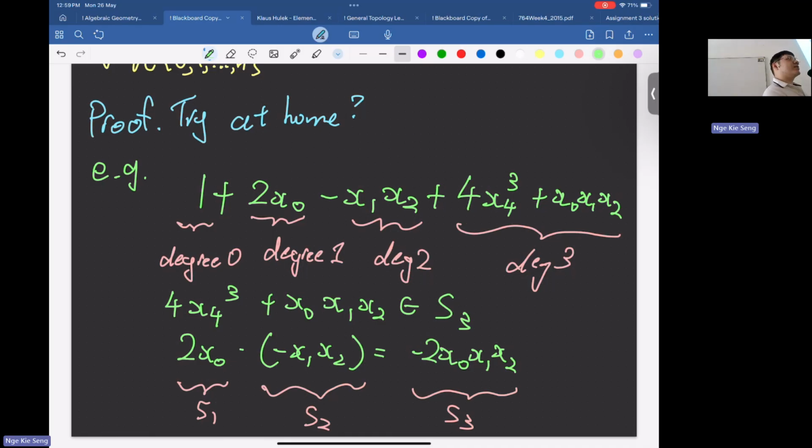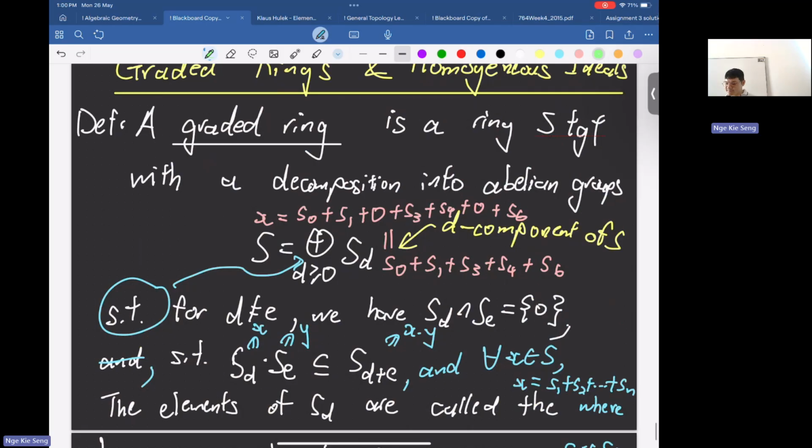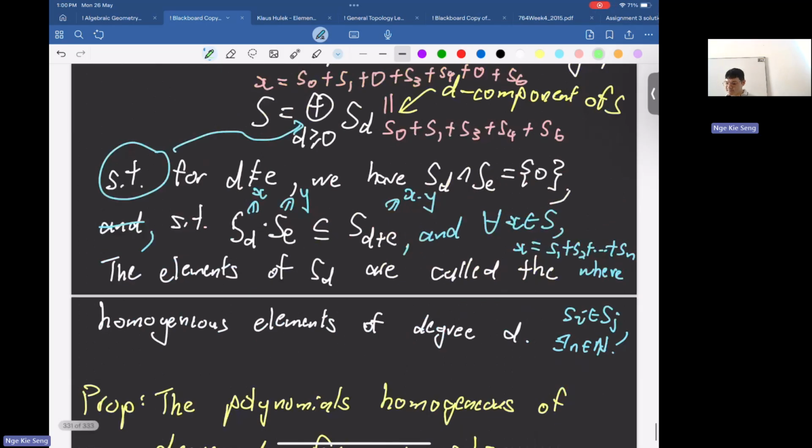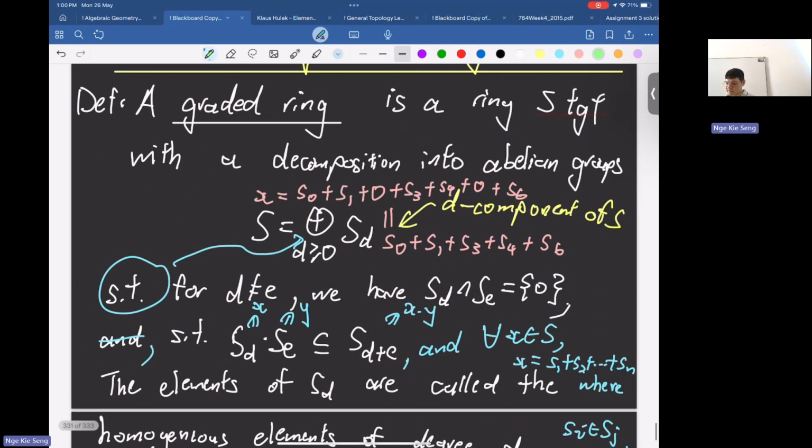Like S3, the symmetric function. You mean this part doesn't use x?